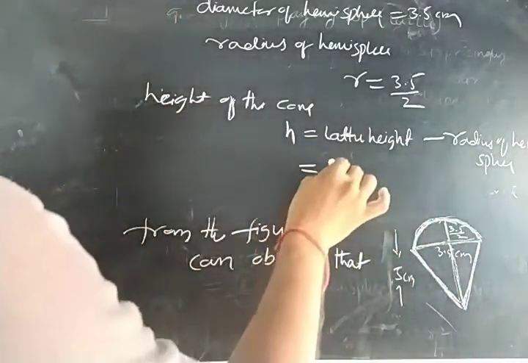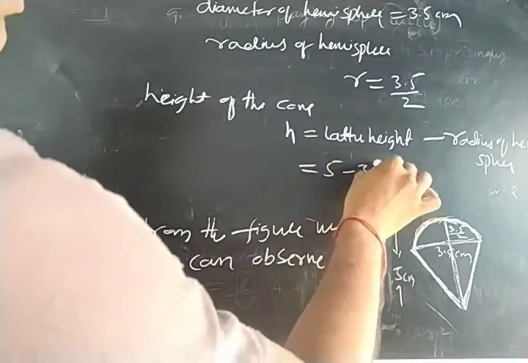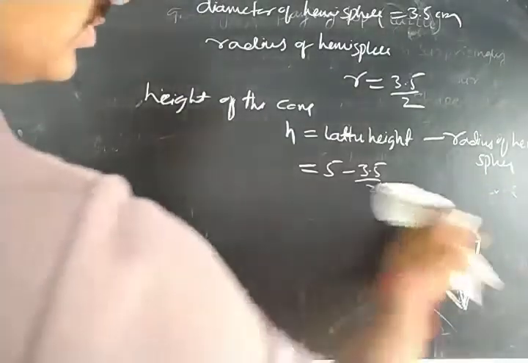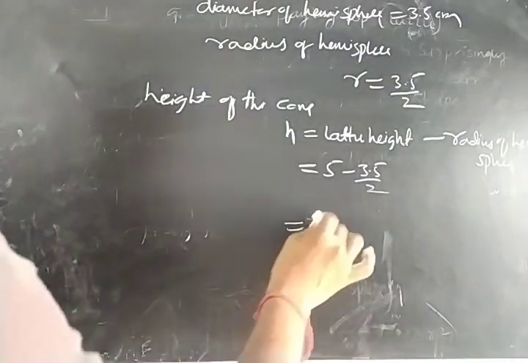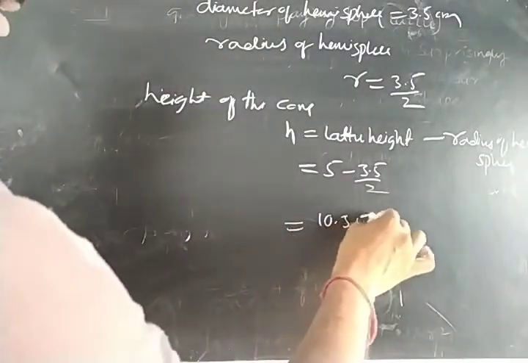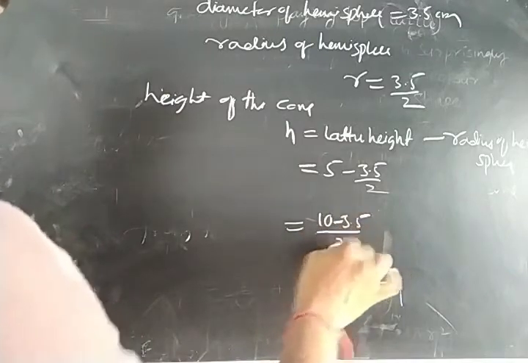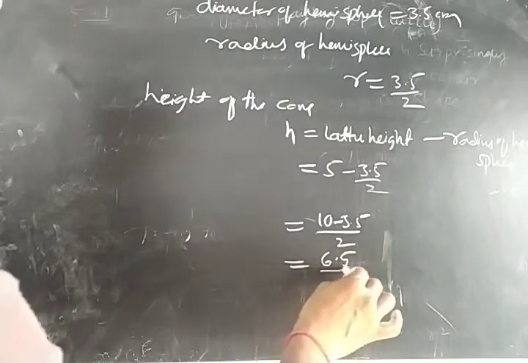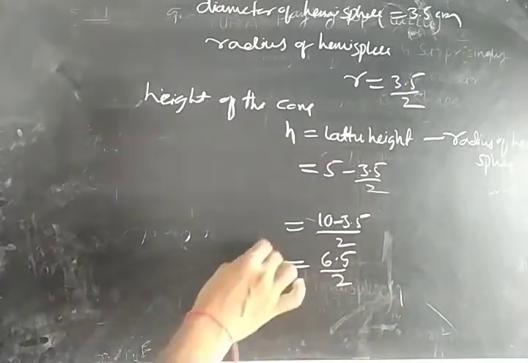So lattu height is 5 centimeters minus 3.5 by 2, right? So this will be 10 minus 3.5 by 2, which is 6.5 by 2, the height of the cone.